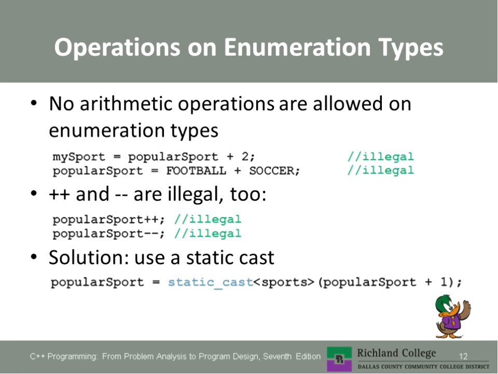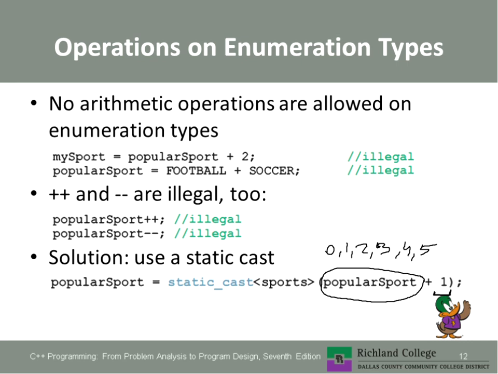Okay. So the one thing that we can do is we can force the data type into its real data type, which is integer. Now in this case, popular sports is a data type that is a set of integral values. Depending on what the popular sport is, it's either going to be 0, 1, 2, 3, 4, 5, the 6 values in the popular sport. Those are really integral data types. So now we can add a value to it.